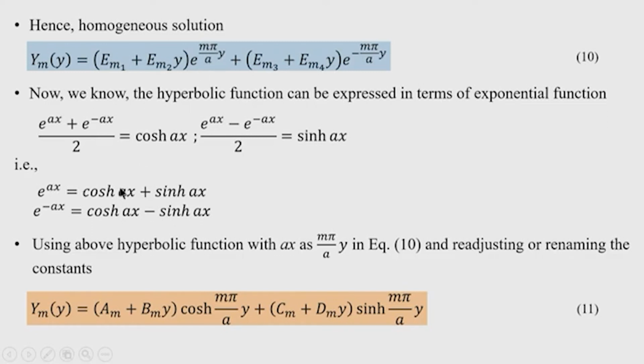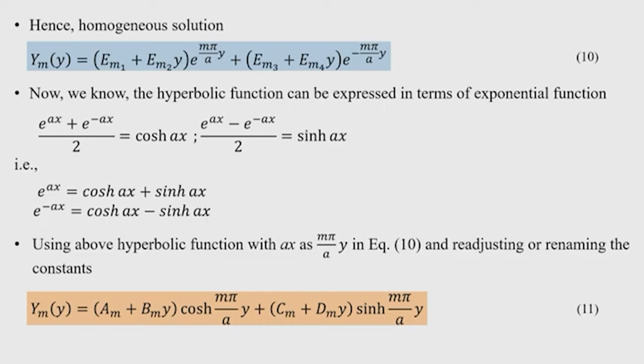So, let us substitute a x by m pi a by y, and then we can write this equation in terms of hyperbolic functions, replacing a x by m pi a by y, and then arranging the constant terms, because you will get cos hyperbolic and sin hyperbolic terms associated with other constants. Then we can plug these terms in and the constants can be renamed as other constants.